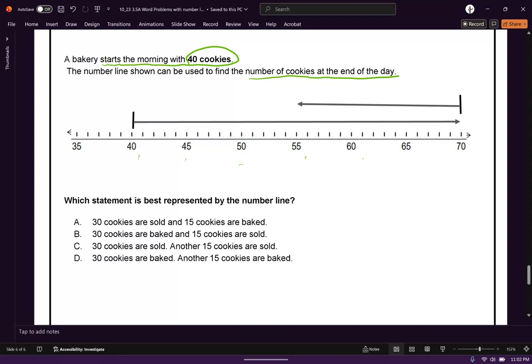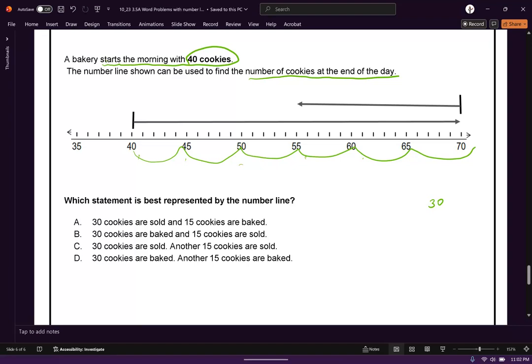So we have to start at 40 and count all the way by fives until we get to 70, because 70 is where it stopped. So we have 5, 10, 15, 20, 25, 30. So here we have 30. That's how many they made more, 30, because it's going forward.